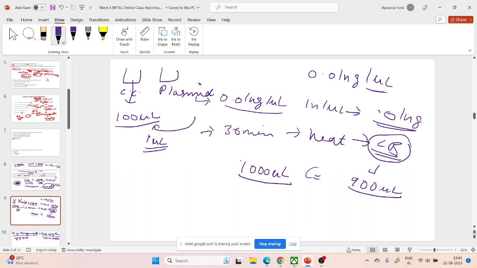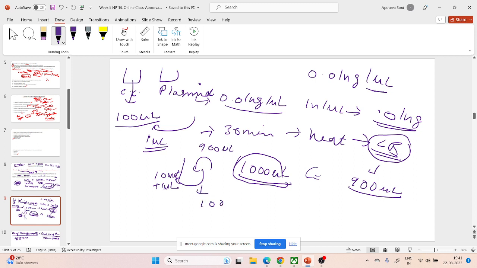So this 1000 microliters is the volume obtained after recovery, meaning after addition of the media. Now you have a vial in which you had 100 microliters of competent cells, 1 microliter of the plasmid, and you have added 900 microliters of LB media.